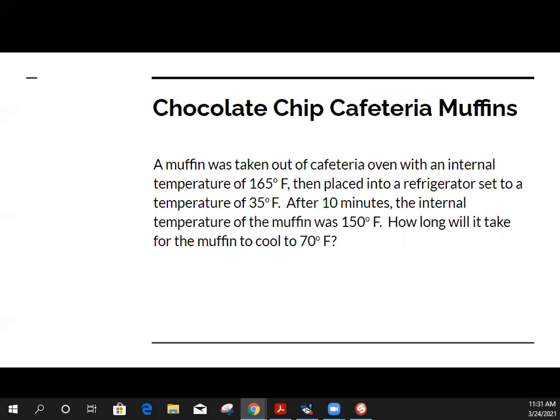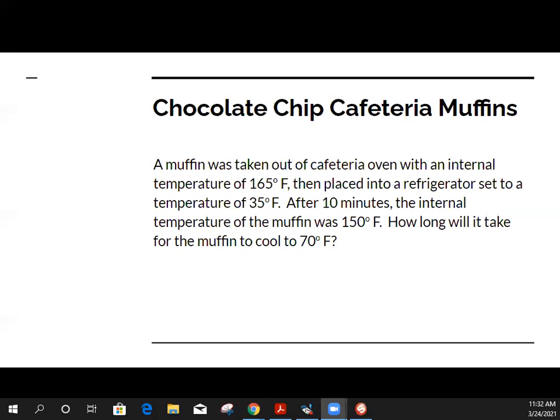So that represents a point on our graph. If we are modeling the temperature of the muffin over time, our first data point is when the time is 0, the temperature of the muffin was 165 degrees.